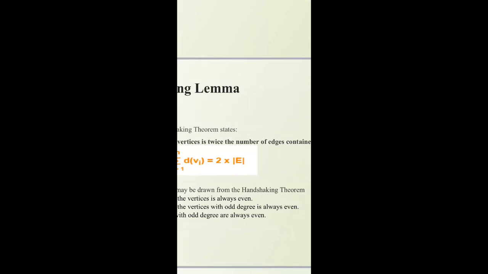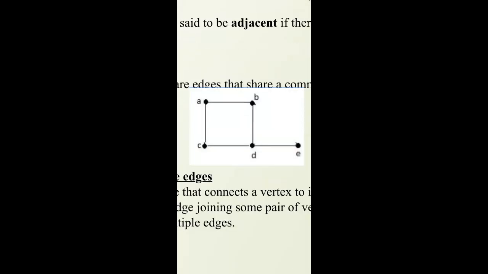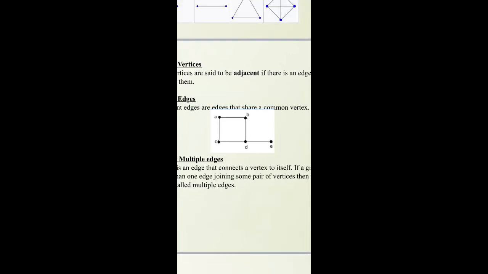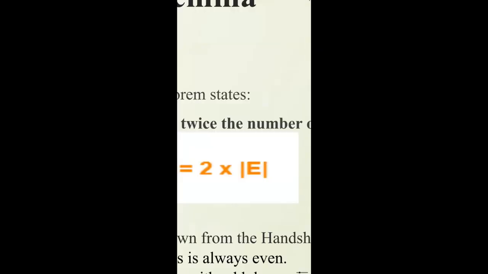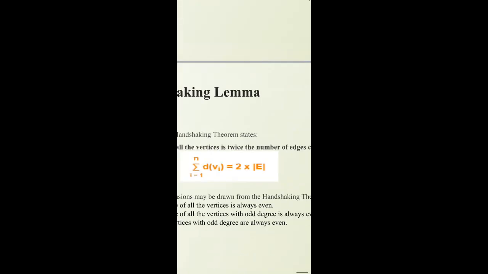Now we will see how many edges. A to C is one edge, A to B is the second edge, B to D is the third edge, C to D is the fourth edge, and D to E is the fifth edge. There are five edges, and we multiply by two, which equals 10.